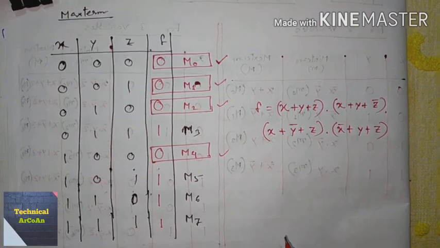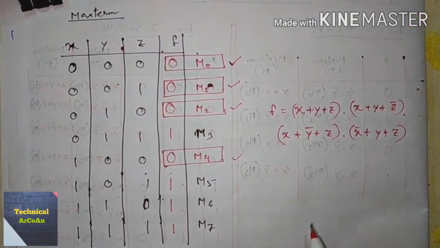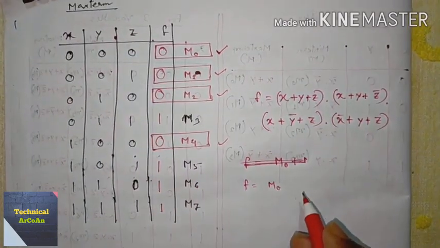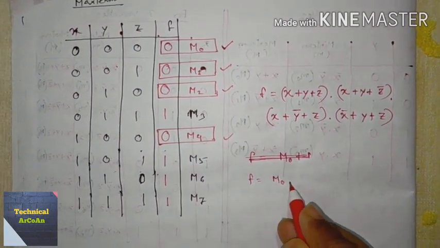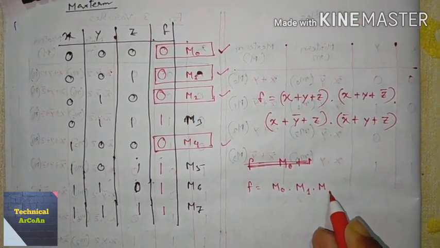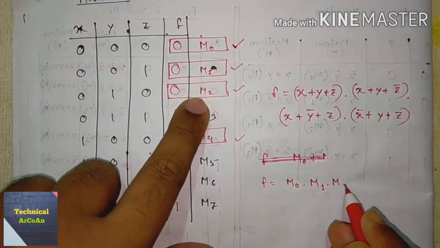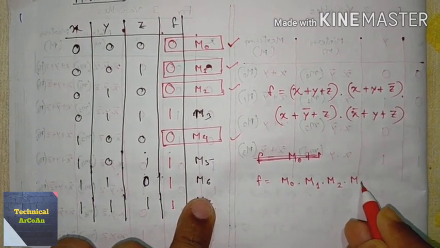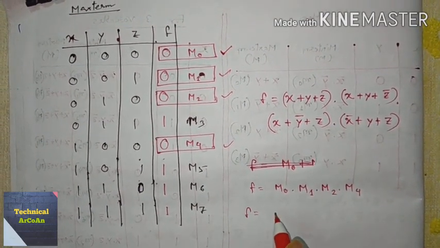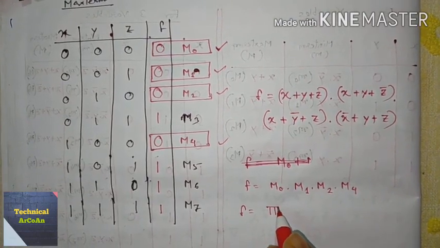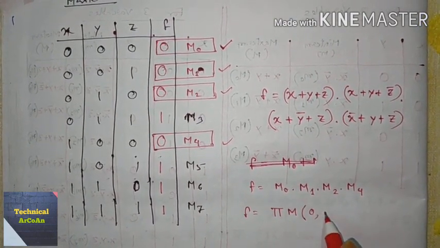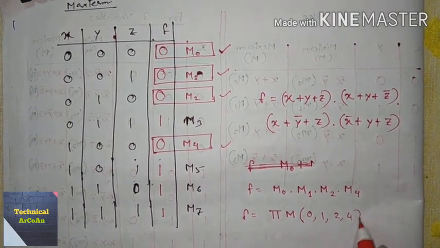We can also represent this function in the following notation: f equal to capital M0 into capital M1 into capital M2 into capital M4. Also we can write it in a different way: pi capital M, and we write the positions only, 0, 1, 2 and 4.